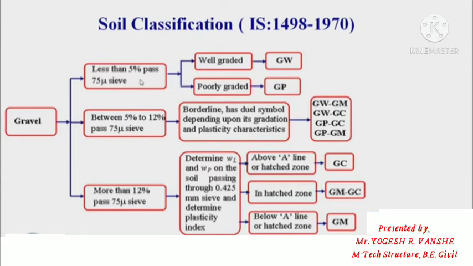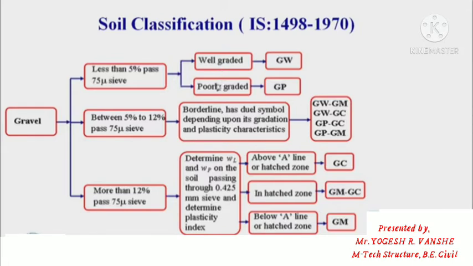If you have less than 5% passing the 75 micron sieve, it means we have a very small amount of fines present, and we have two possibilities: well graded or poorly graded.